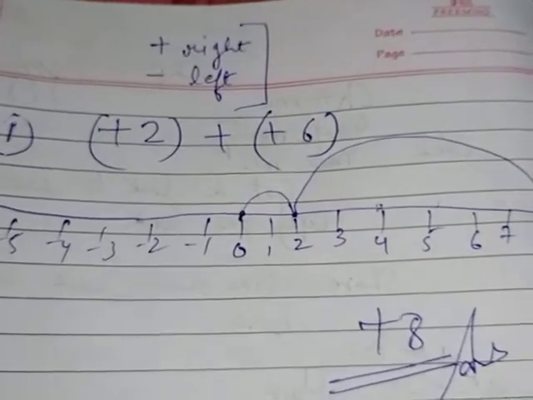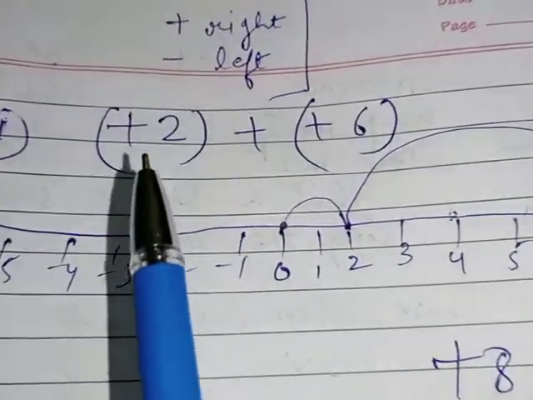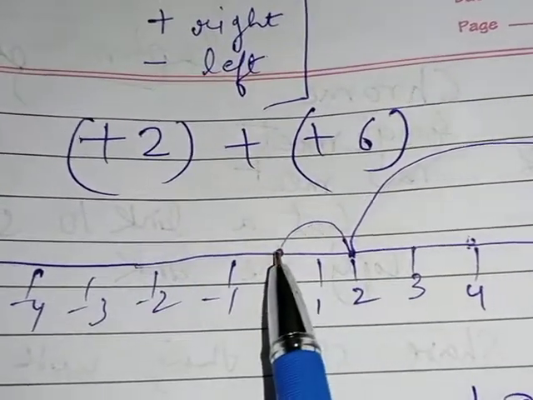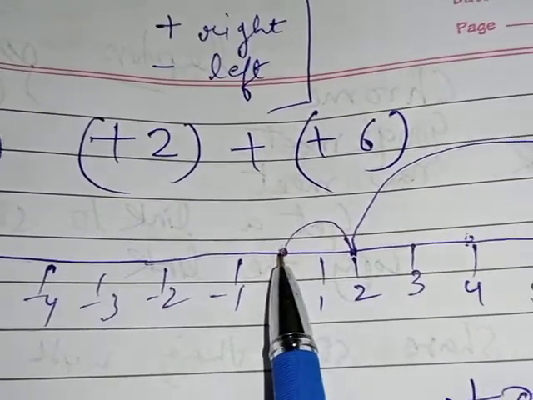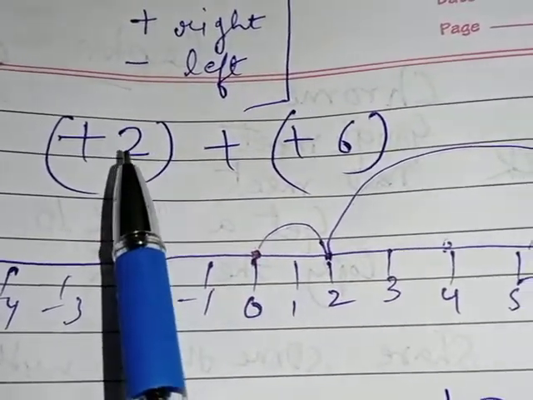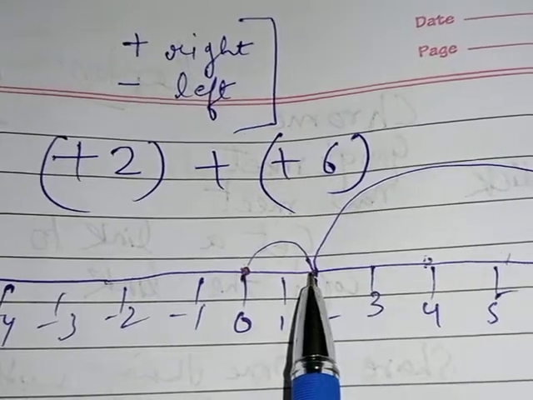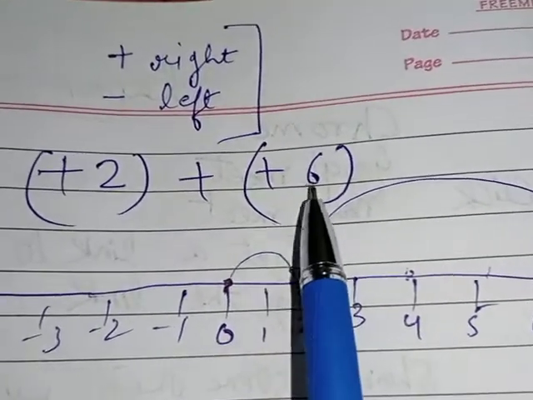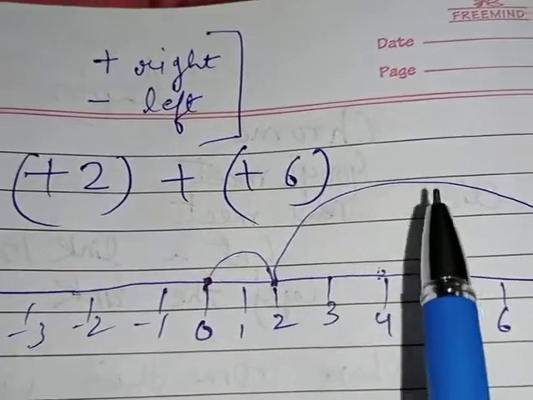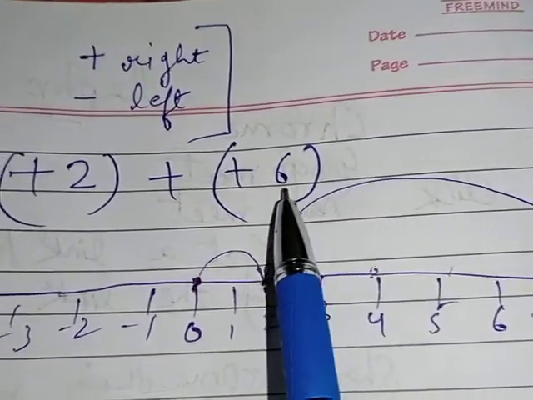I hope it is clear now that if we have a positive integer, then from 0 we will take a right turn up till that given integer. After coming to that integer, whichever other number we have to add, we will move that many steps. This is given 6 now.